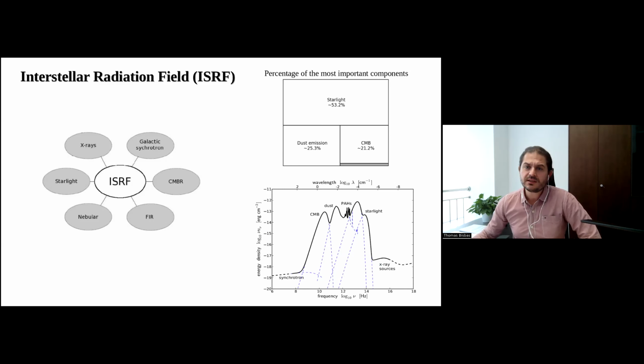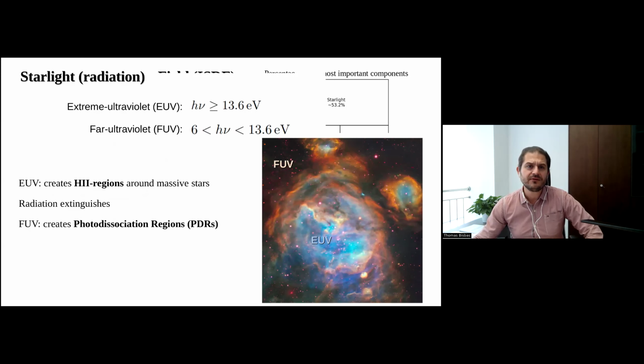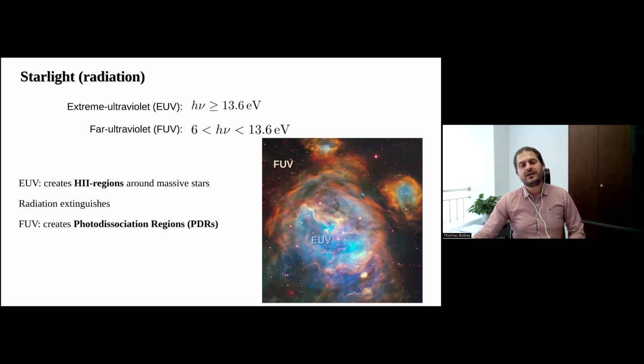If you integrate this part of the graph, you will end up with a quantity that characterizes the strength of this interstellar radiation field. And this is actually the input in PDR codes, if you are using one or planning to use one. The photons are characterized as extreme ultraviolet and far ultraviolet in terms of the energy.